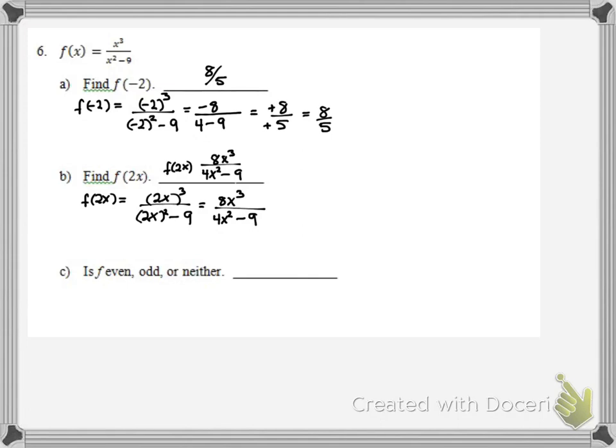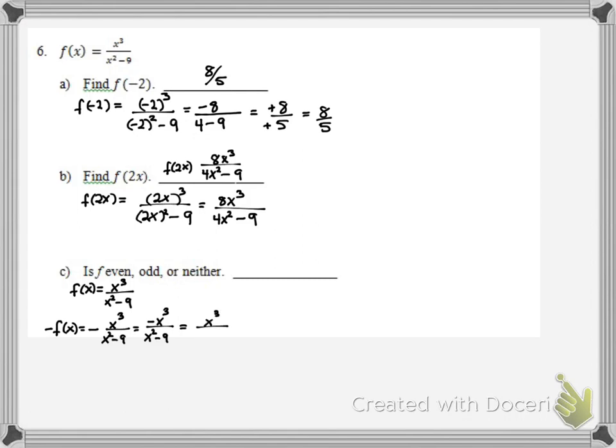Now, for this, just so we recall what's happening here, here's my original function. x squared minus 9. The other thing I want to write down is what the opposite of my original function is. Now this is tricky because of the fraction. Remember, with fractions you can put the minus in front, or I could put the minus on top, or I could even put the minus on bottom.